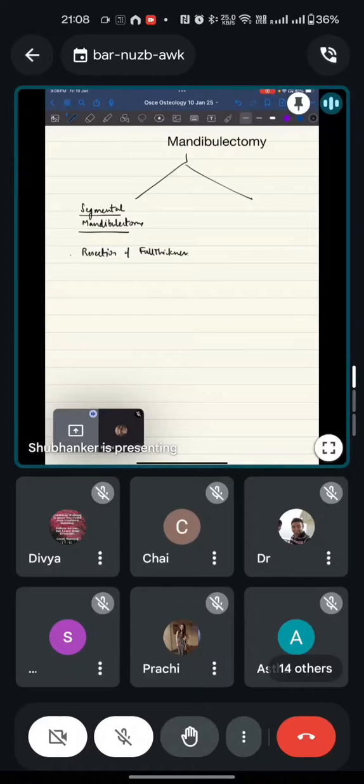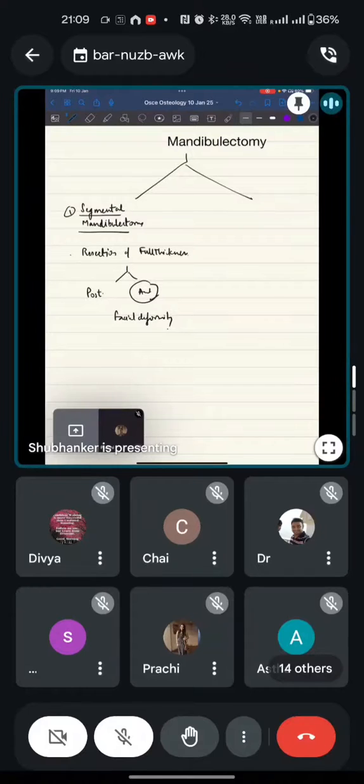This is generally posterior or anterior. If you do it, facial deformity occurs, which we saw earlier, because there is lack of stability.